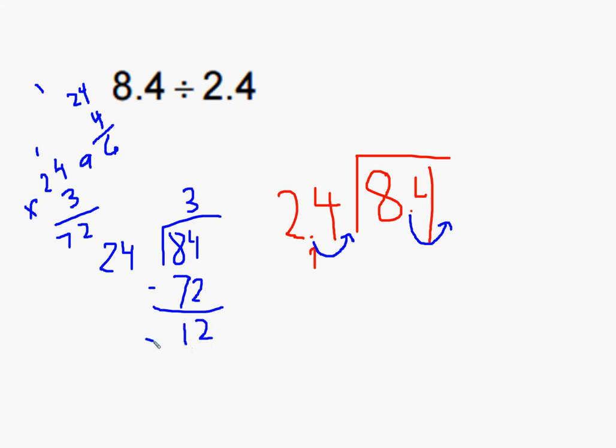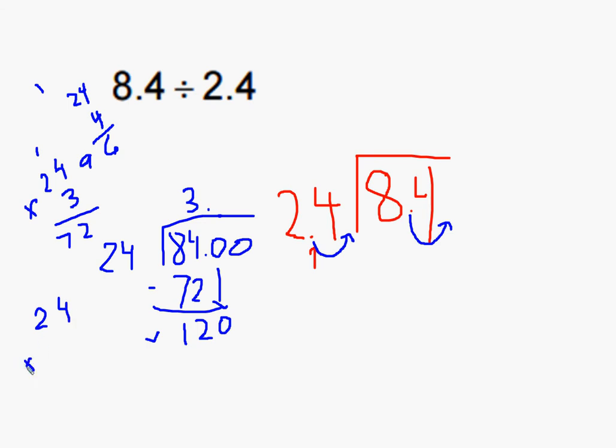12 is less than 24, but I don't want to leave a remainder. So I'm going to add a decimal and a couple of zeros after this, and just keep dividing. So I bring down the 0, and 24 goes into 120, I'm not sure how many times. Let me try 5, because that's right in the middle.